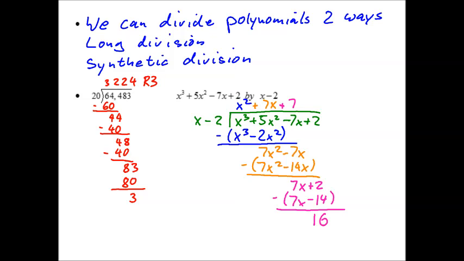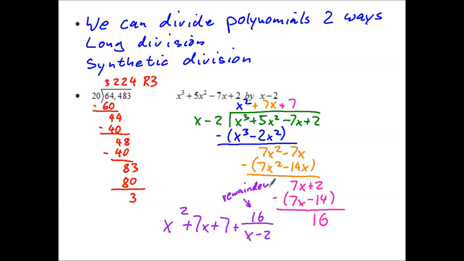So our final result of this division operation is x squared plus 7x plus 7. And the remainder we write like this, 16 divided by our divisor, x minus 2. And one more time, this is the remainder of our operation.